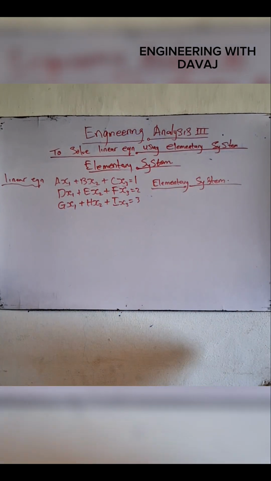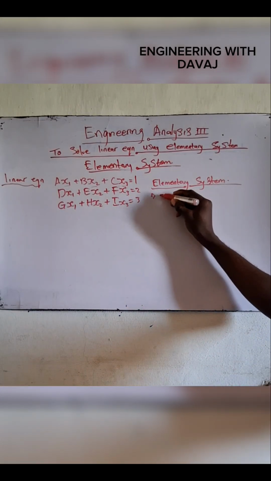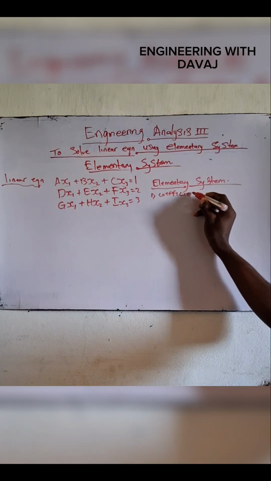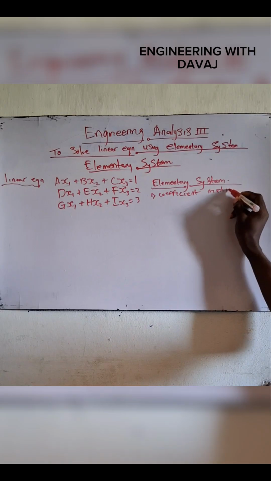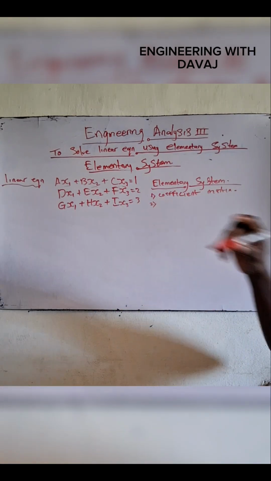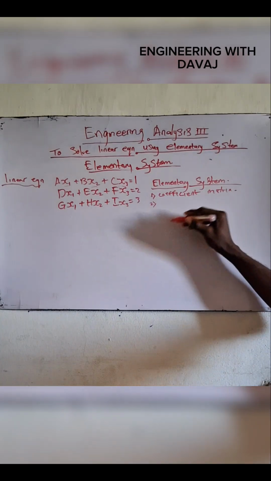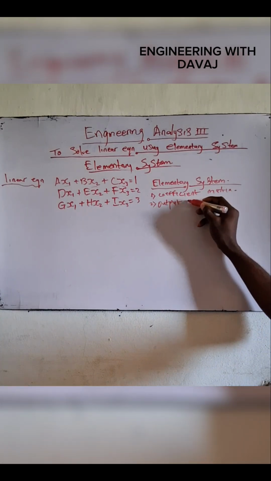And what's the first step of using the elementary system? The first step is writing out your coefficient matrix. The second step to solve a linear equation using the elementary system is writing out your output vector matrix.